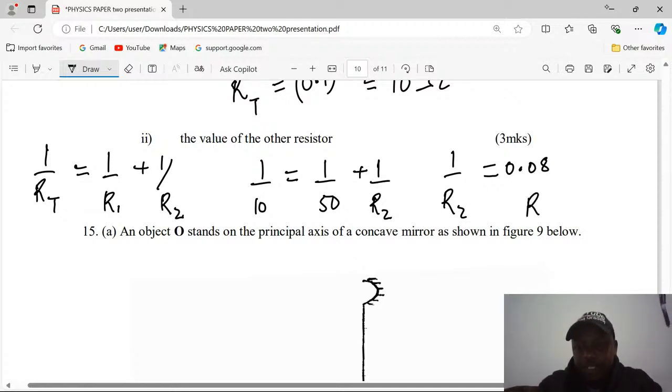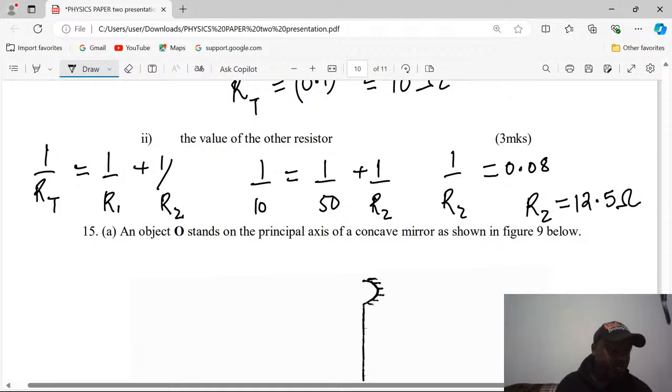Therefore, for the second resistor, we take the reciprocal of this, which is 12.5. Being resistance, we write it as ohms.